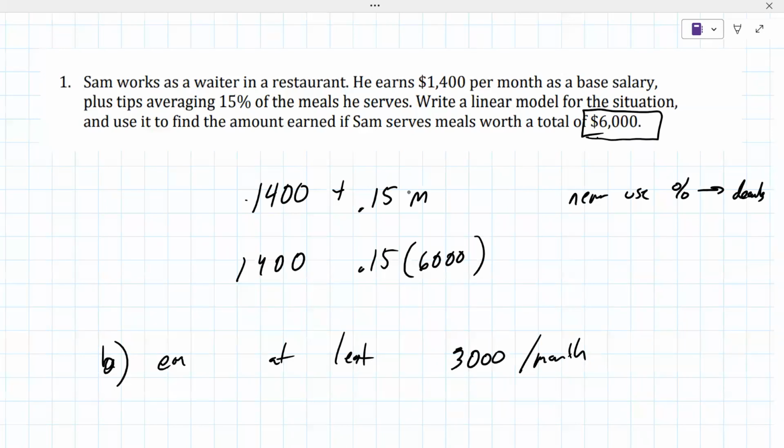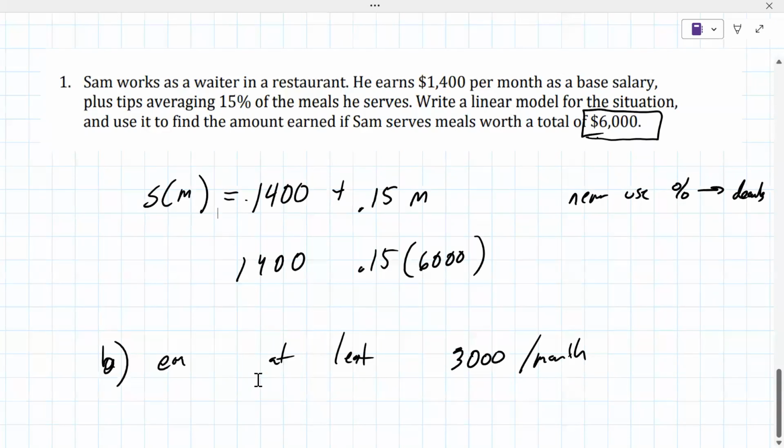I don't know why this is confusing me so much. His salary as a function of how much he sells is 1,400 plus 0.15 M. We want him to sell more meals, so we're going to write the inequality.